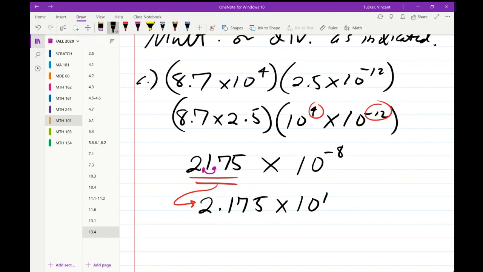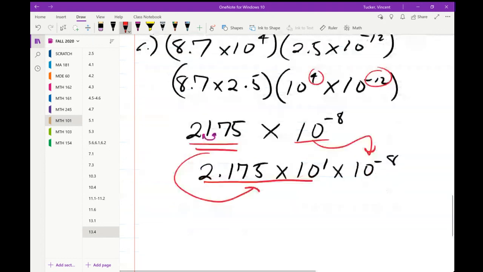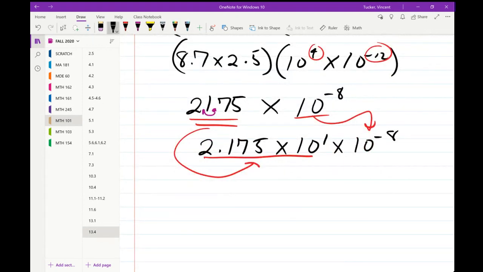And that 10 to the negative 8 is still there. So now 2.175 is in between 1 and 10, so that fits our definition of scientific notation.